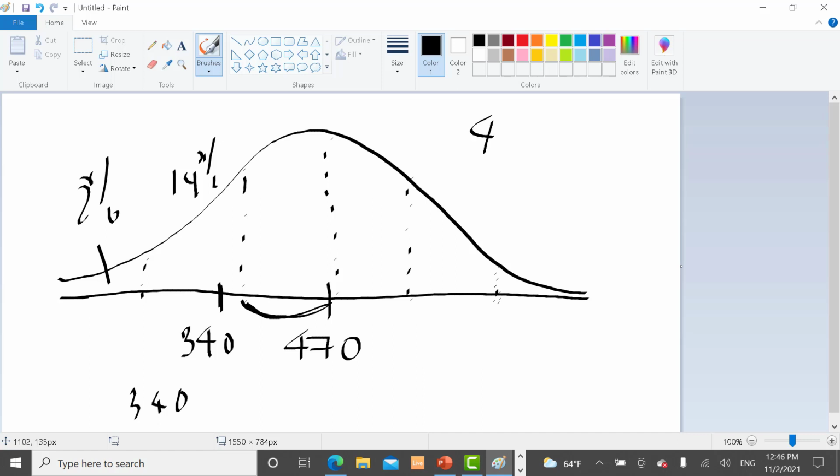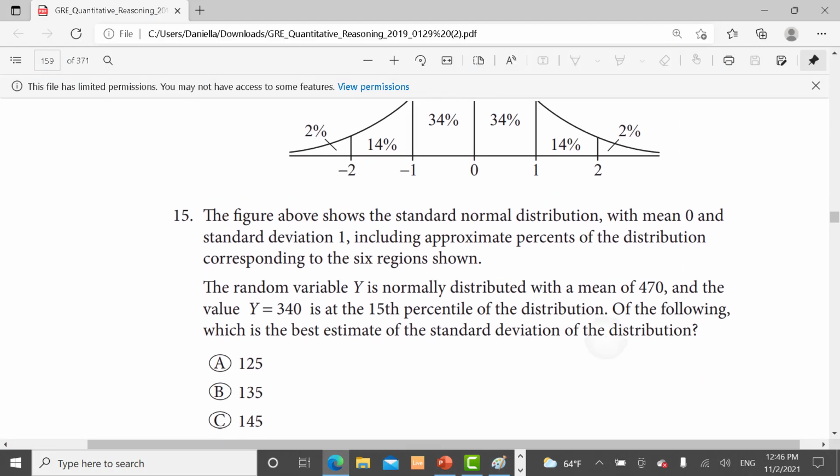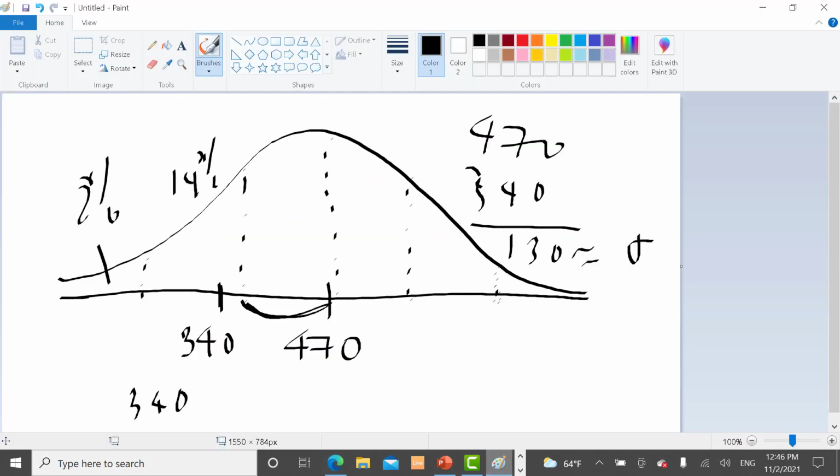If I take 470, subtract 340, I get 130, and it's approximately sigma. It's approximately the standard deviation. So when we choose the correct answer, the standard deviation should be less than 130.